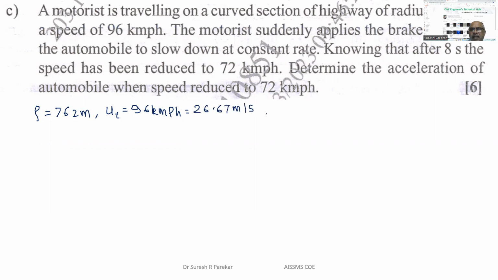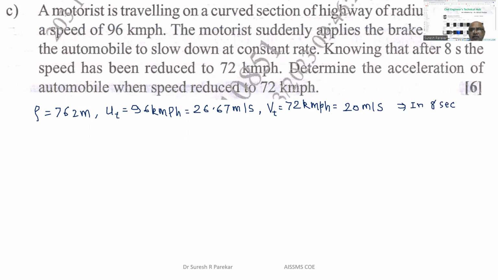The motorist suddenly applies the brake, causing the automobile to slow down at a constant rate, knowing that after 8 seconds, Vt is 72 kilometers per hour, and that is equal to 20 meters per second, and this happens in 8 seconds.